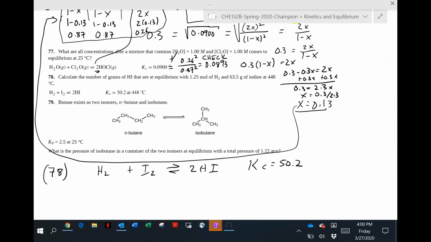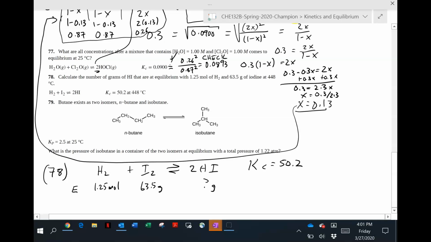We're asked to calculate the number of grams that are in equilibrium with, okay, so what they're telling us is our E line, and what we know about the E line is that we have 1.25 moles of this and 63.5 grams of that, and we're being asked how many grams of HI do we have.